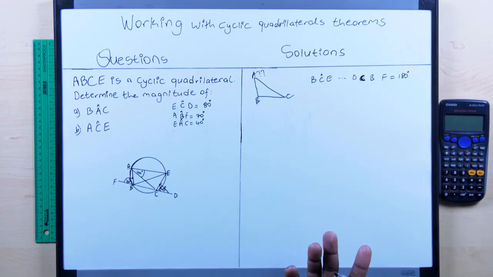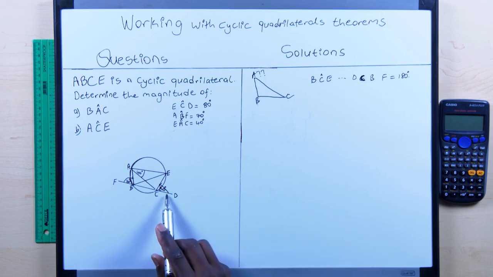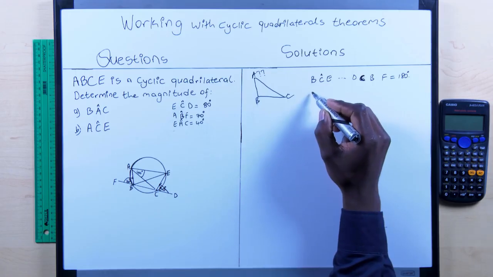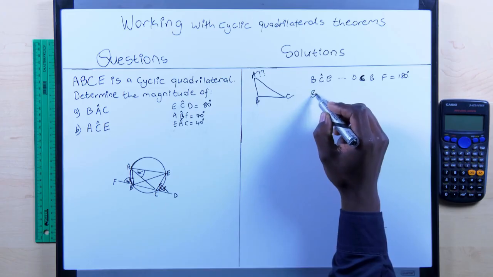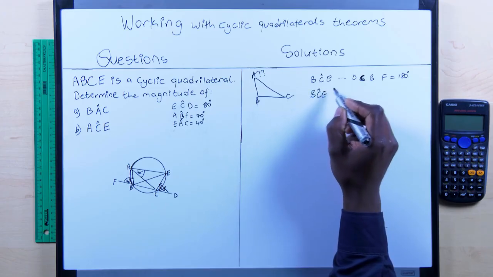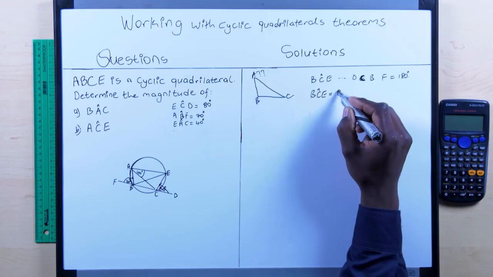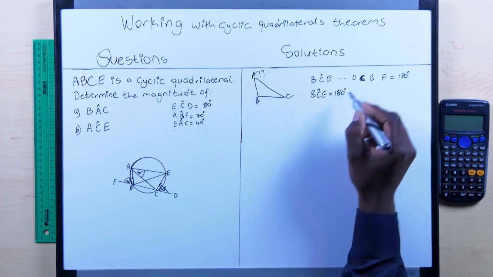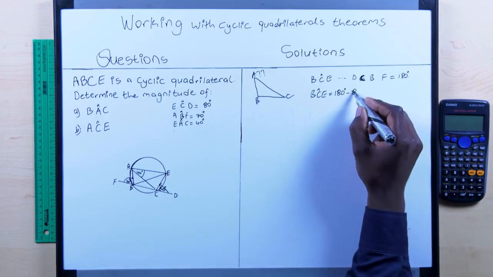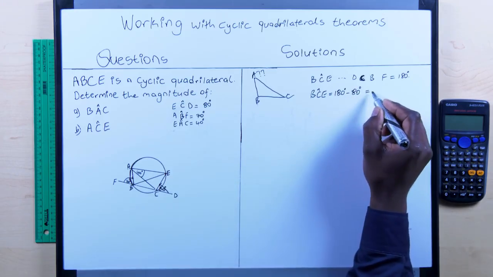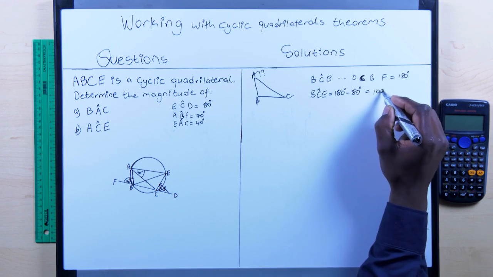It is a straight line. And on that straight line, we know that this outside angle of DCE is equal to 80. Therefore, to find angle C formed by BCE, we would say it should be equal to 180 degrees, which is a straight line, subtracting 80, which then gives us 100 degrees.